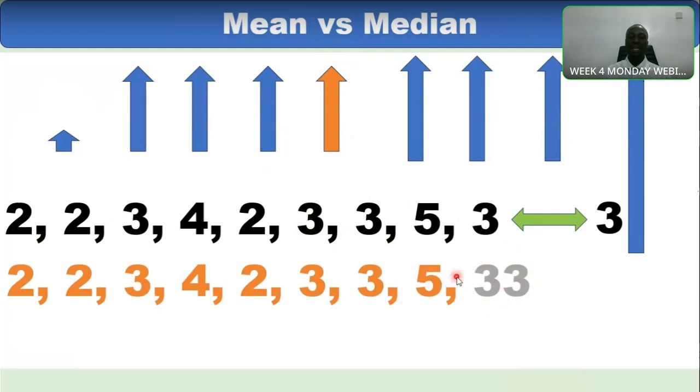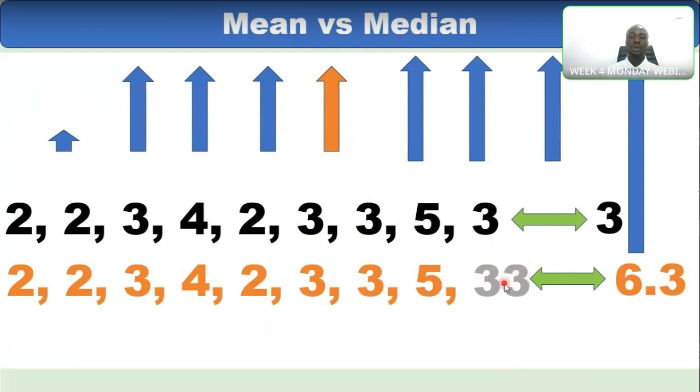And let us look at what our mean has become. When we add that outlier, you can see that our mean has become 6.3. And you can also agree with me that 6.3 does not represent this well at all. It doesn't. And why? It is because of the influence of the outlier.